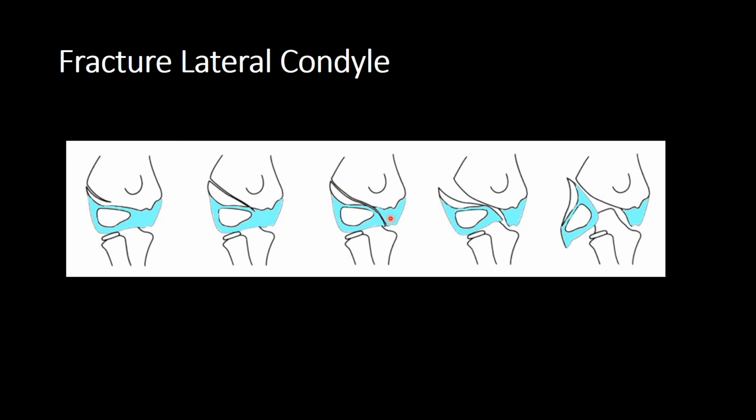If they do extend all the way out to the articular surface, this then becomes a Salter-Harris 4 injury. You can get gross displacement of the fracture site, and in some cases it can end up being completely rotated.